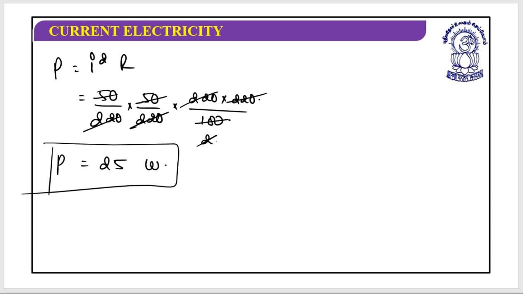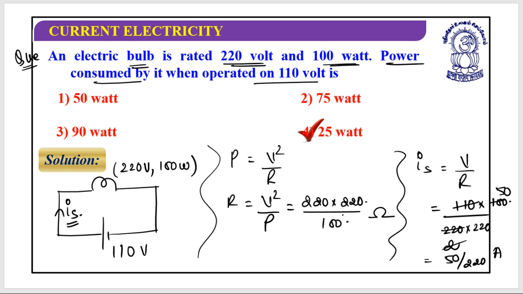What was your answer? Do you understand the physical significance of this? Let's understand it according to the practical situation: this bulb is of 220 volt and 100 watt.